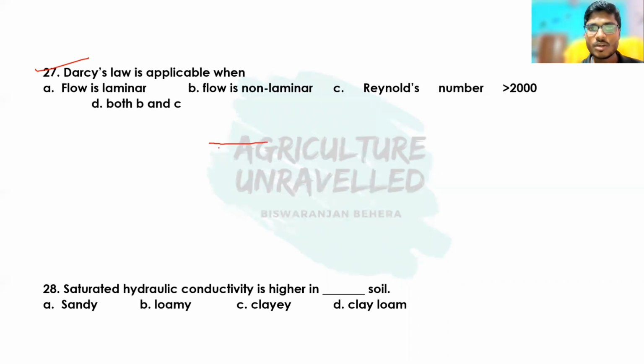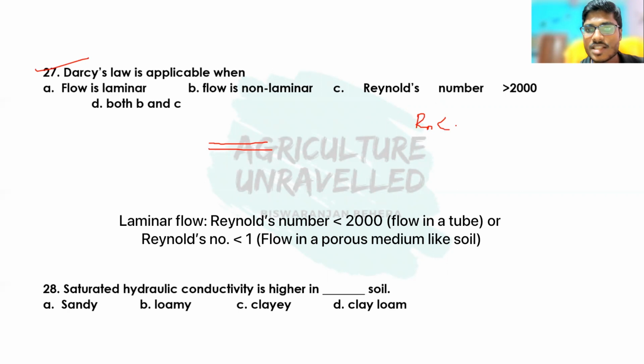Okay, it means two layers of water do not cross each other, water is flowing smoothly over one layer over another layer. That is the laminar flow. And laminar flow occurs when the Reynolds number is less than 2000. Okay, it is unitless. So Darcy's law is applicable when the flow is laminar.